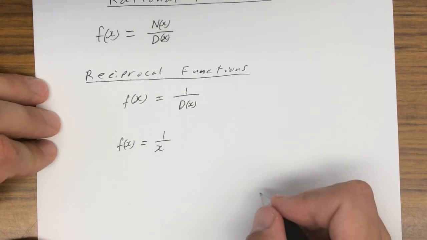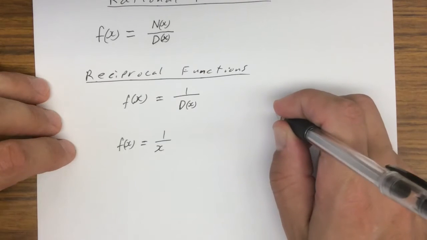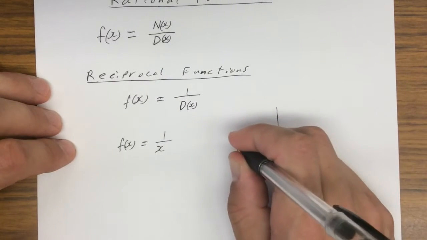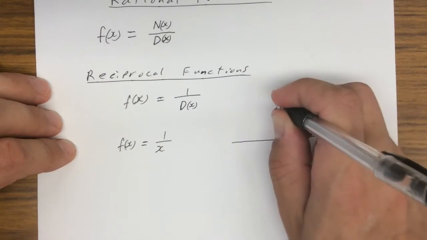We're going to be looking at graphing these. So 1 over x looks like this. You've got the x and y axis.